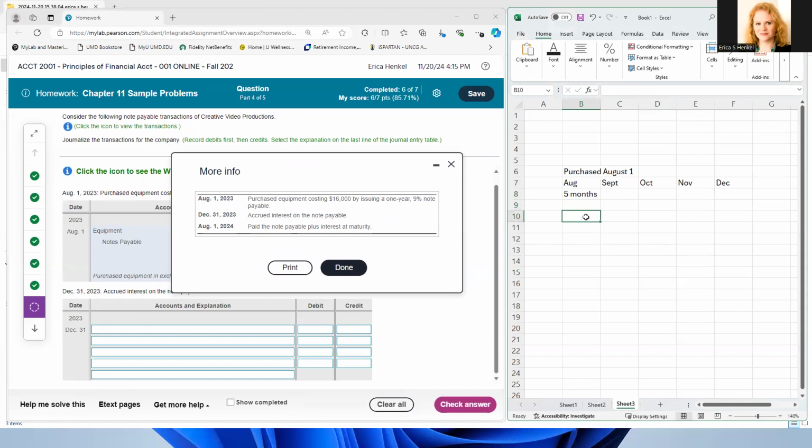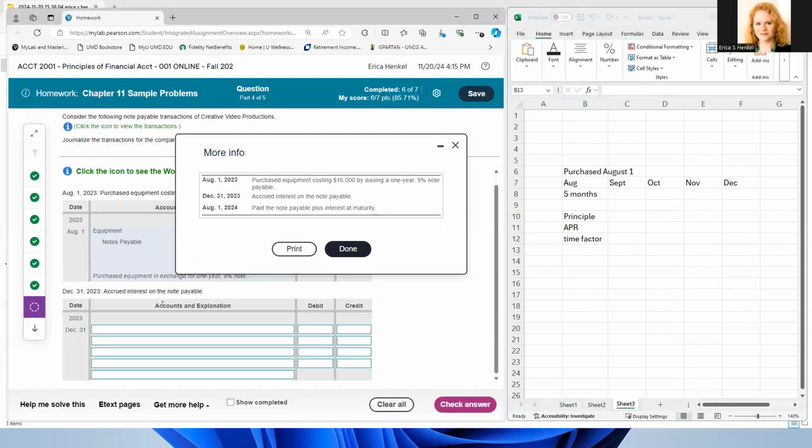Just like in the previous example, we need to take our principal, our annual rate, and a time factor. So to record interest as of the end of the year at December 31st, we need to accrue that, right? So 16,000, 9%, and a time factor, which is going to be 5 months out of 12 months.